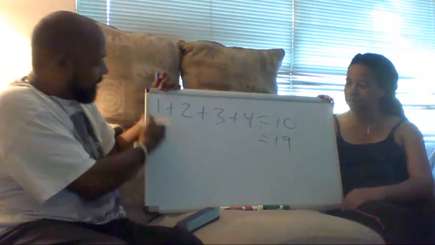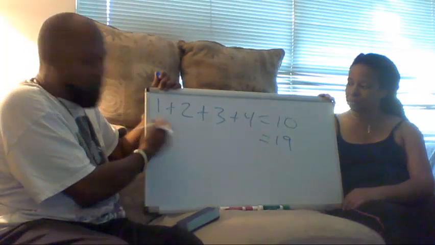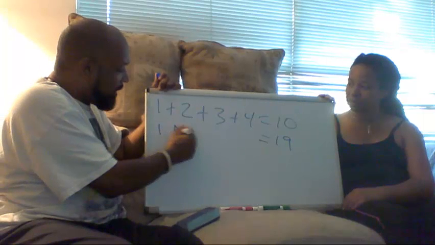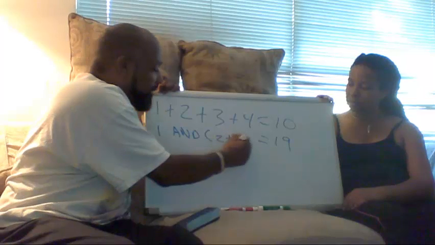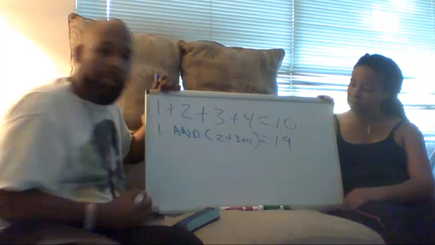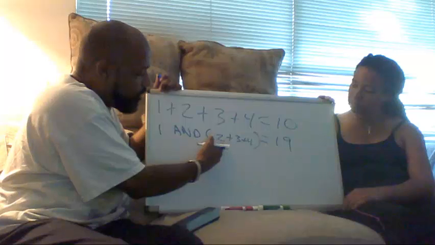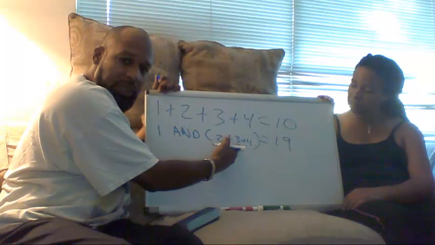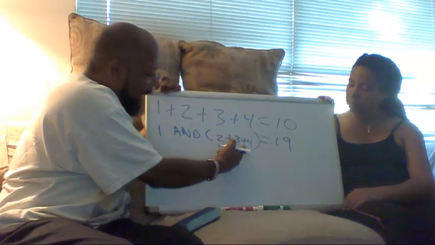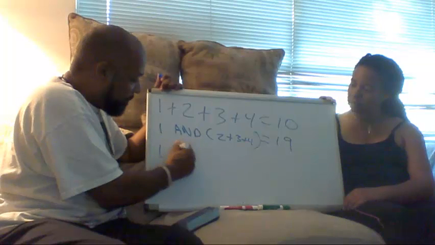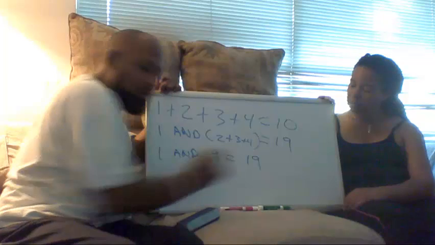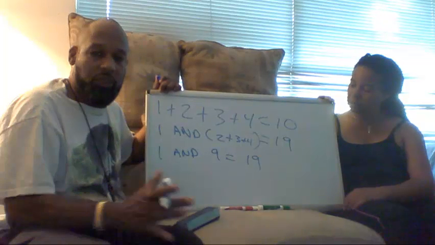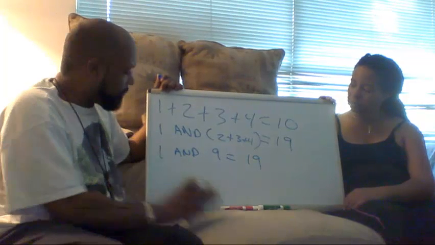All right, so let's take this lower value of 1 and combine that one letter with the values of 2 plus 3 plus 4. What do we get? We get the value of 2 plus 3 is 5, plus 4 more equals 9. So basically 1 and 9 equals 19. So you can see how they're playing you?